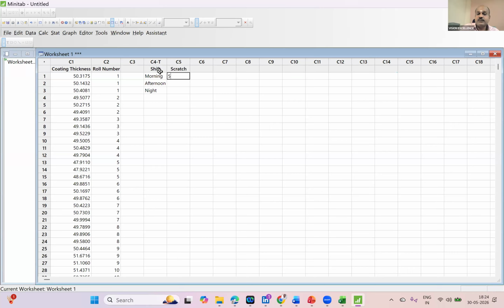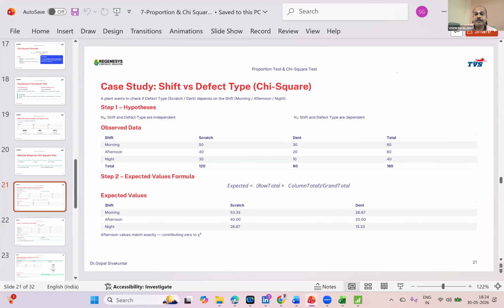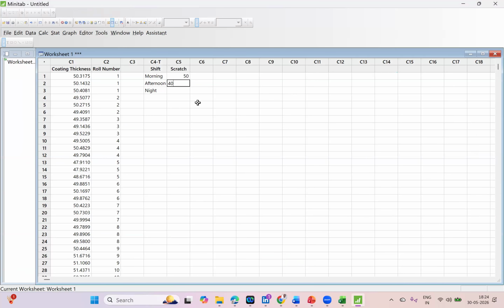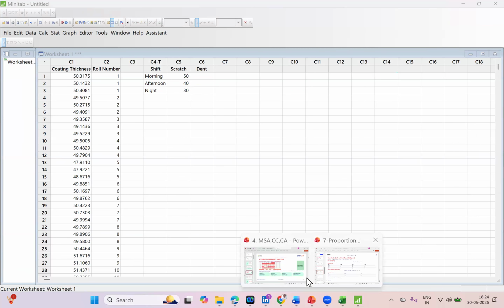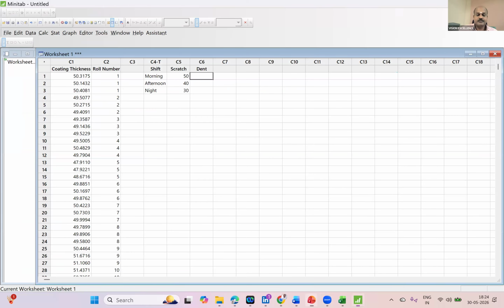Do you remember the numbers? 50, 40, 30. Then the dents: 30, 20, 10. Very good. Now the contingency table is ready.